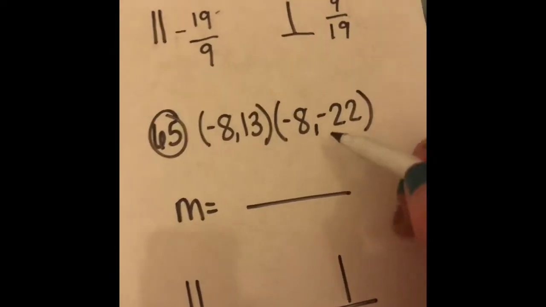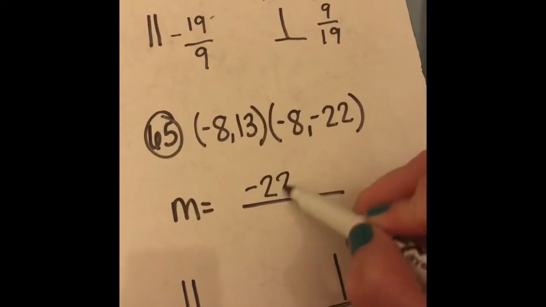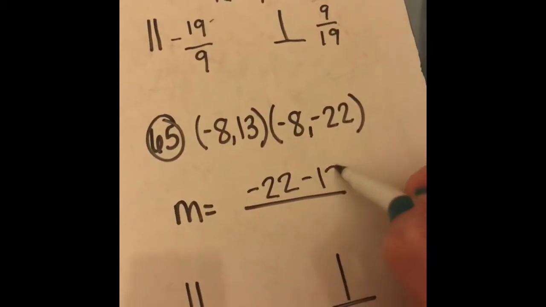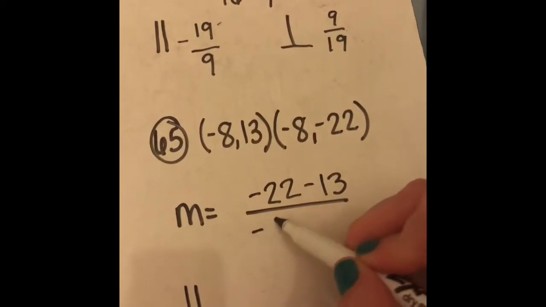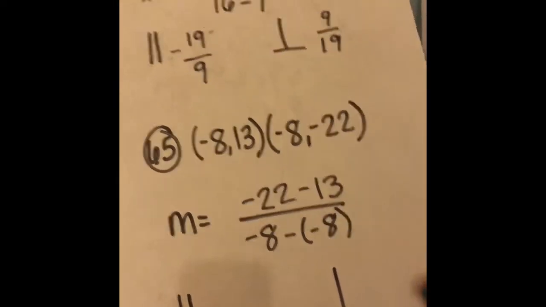Here we have negative 22 minus 13, over negative 8 minus negative 8.